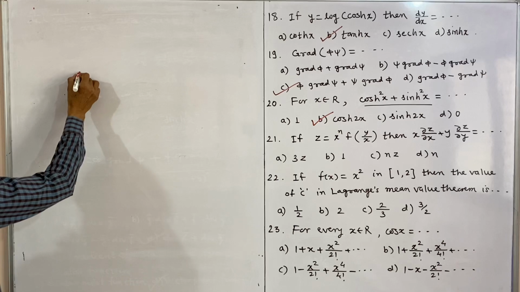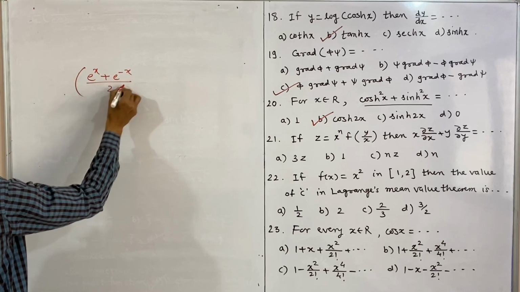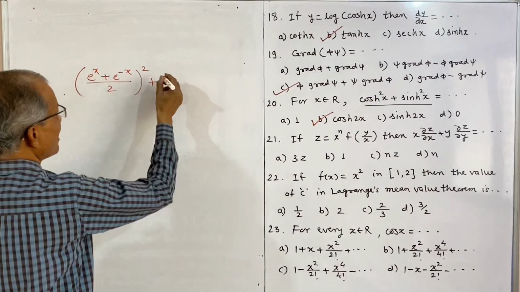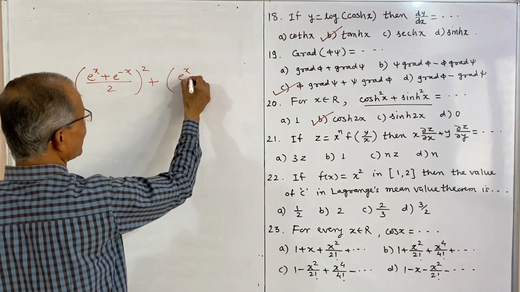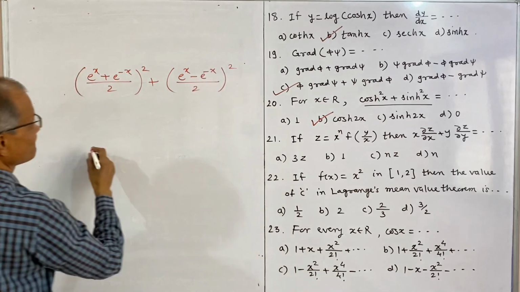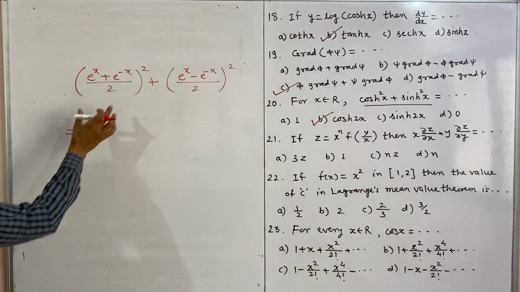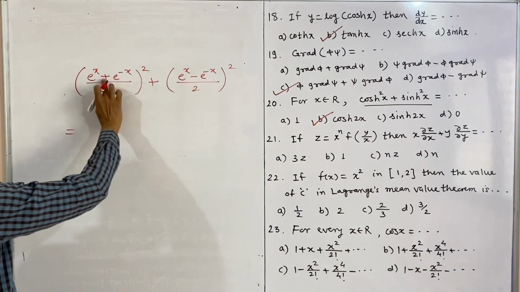So that means hyperbolic cos is e power x plus e power minus x divided by 2 whole square, plus hyperbolic sin square, which means e power x minus e power minus x divided by 2 whole square. If we expand this, the middle term of this and the middle term of this will cancel, positive and negative.